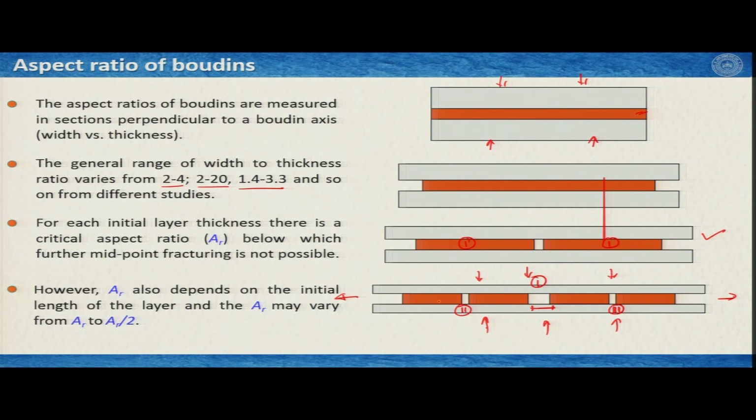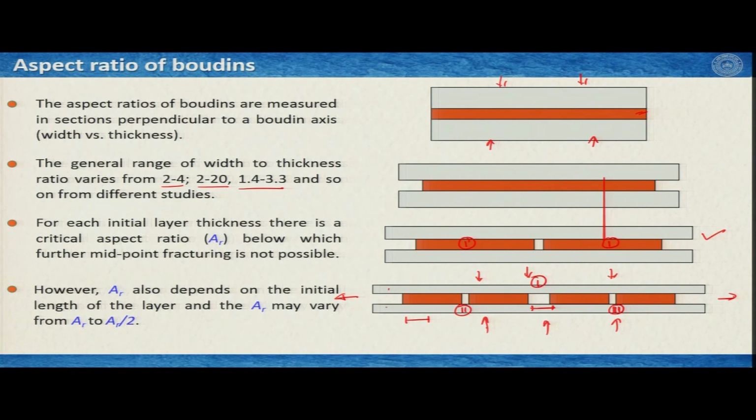And this is very easy to see, because if we have a shorter boudin, the length of the boudin is less, then instead of fracturing, if the ductility of the layer is pretty high but still more than these two layers, it would try to form barrel shapes, fish mouth shapes, and so on. So, this is the reason why it is expected that the boudins of a bed would show a small range of width to thickness ratios.